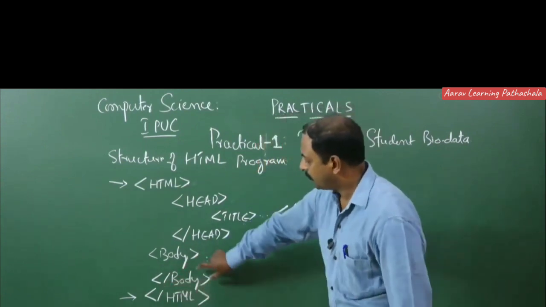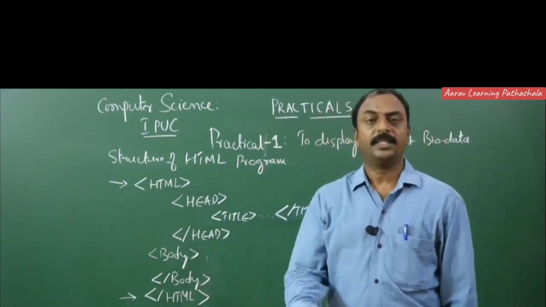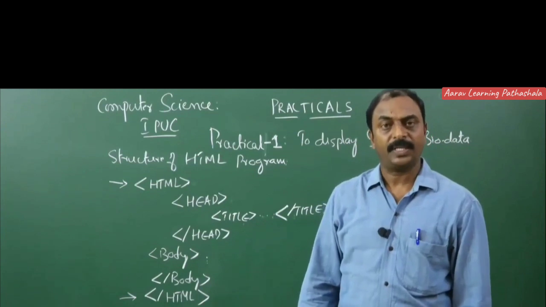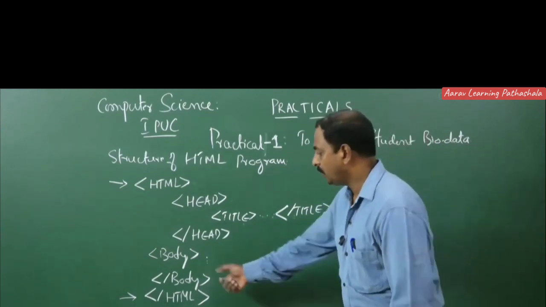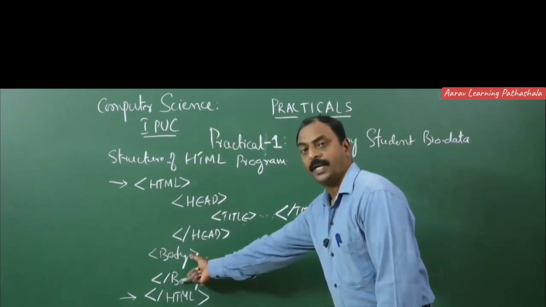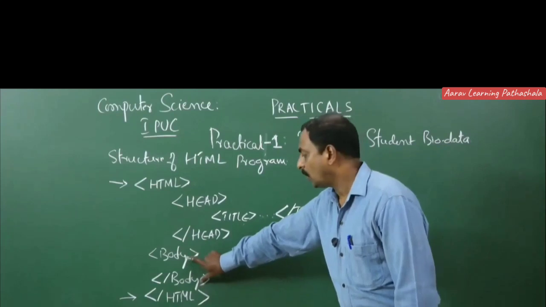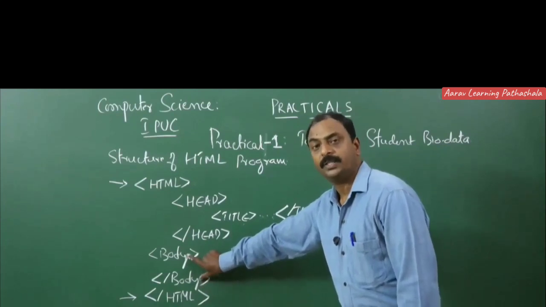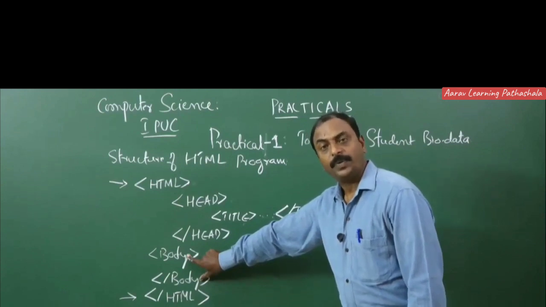So whatever the information we write or to display on the screen or inside the web page or in the website, so those information has to be written within this body tag. So between open and end tag we have to write all the tags or information so that those information we can see in web page.